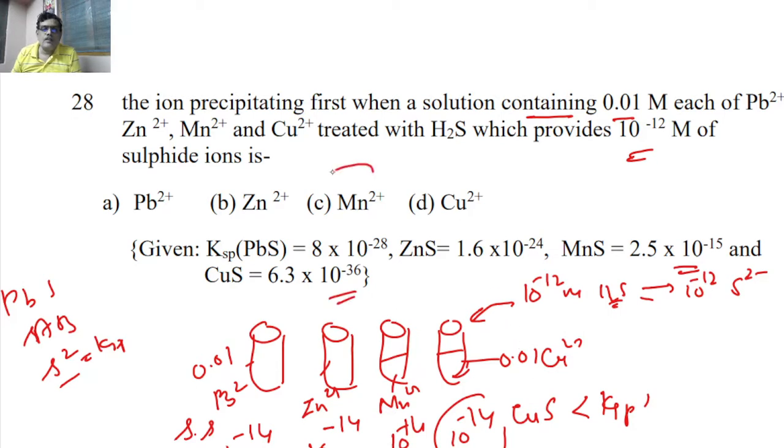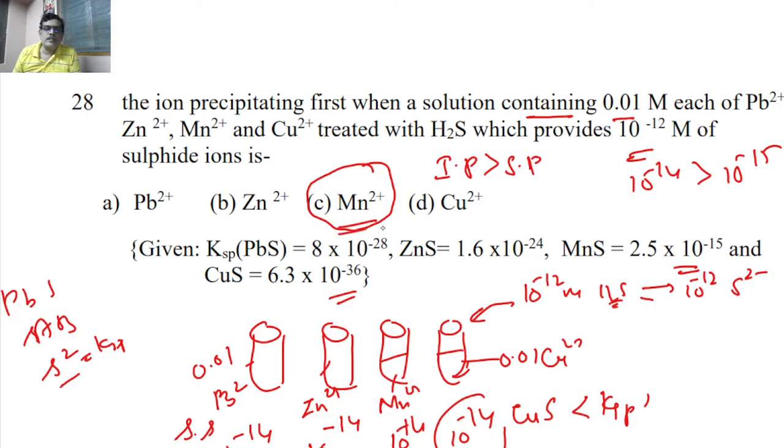So only for the manganese ion solution, the ionic product exceeds the solubility product. So 10 to the power of minus 14 is greater than 10 to the power of minus 15. So only manganese sulfide is going to be precipitated.